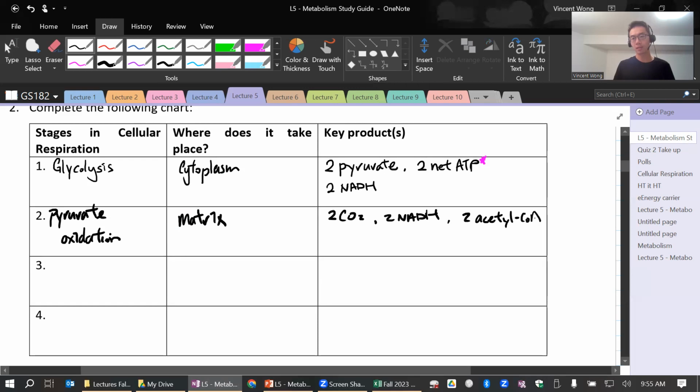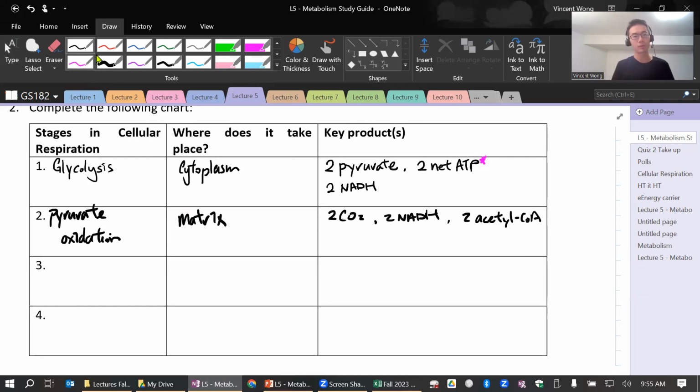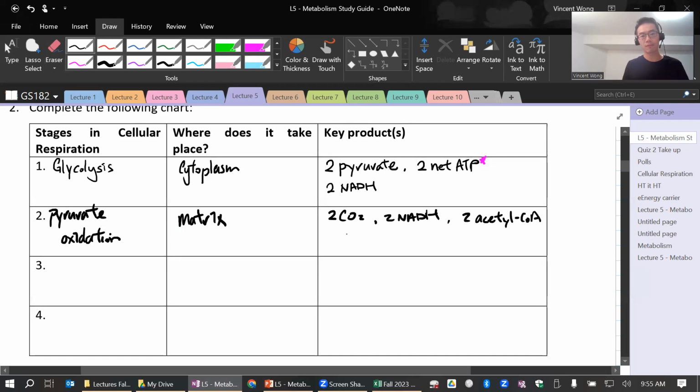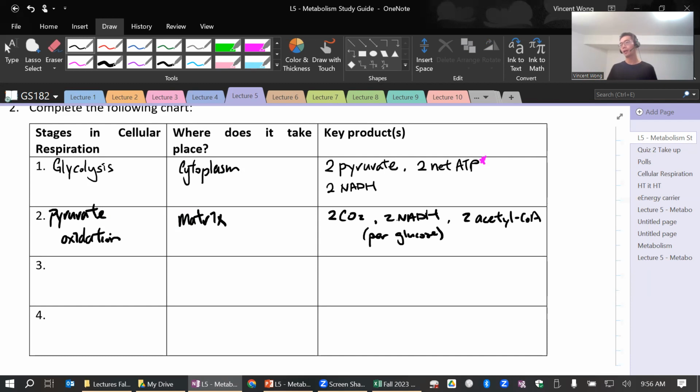That's just the way the names are called. And I want to emphasize, all these things are per glucose. That's everything we've done so far.